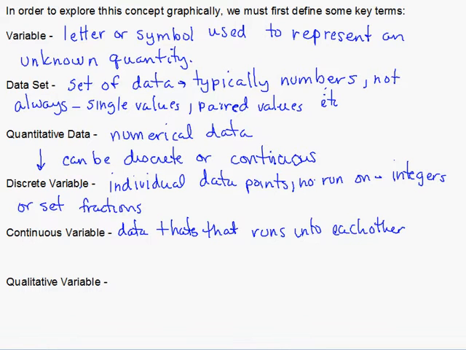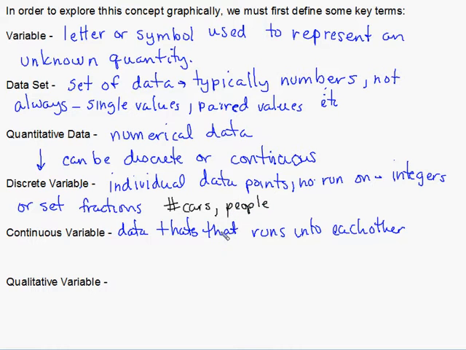Okay, things that we can think about that would be discrete variables. Number of cars in the parking lot. You have 1 car, you have 2 cars. You don't have 1.67532 cars, right? It's a car or it's not a car. Same with people, right? You cannot have half a person.